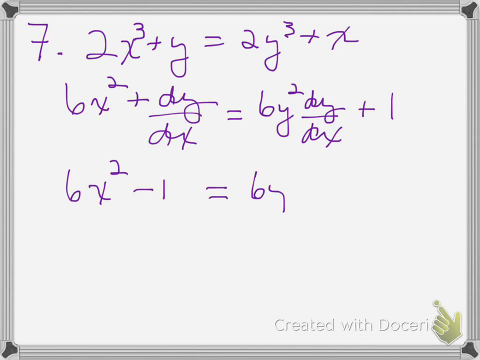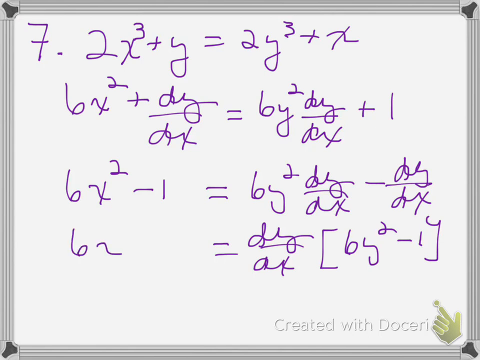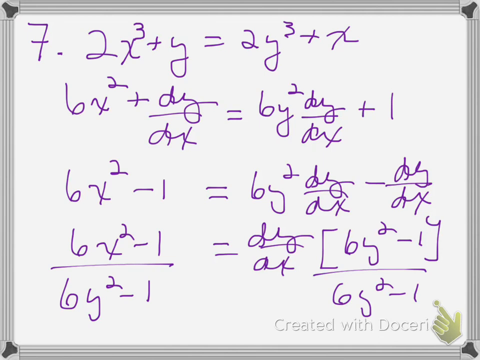I have 6y squared dy/dx minus dy/dx. On the left side I'm going to factor out a dy/dx, and when I do that, I get 6y squared minus 1. So I had 6x squared minus 1 here. I'm going to divide that by 6y squared minus 1, because I'm going to do that on both sides.